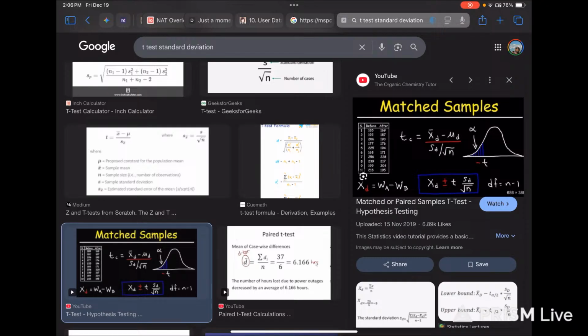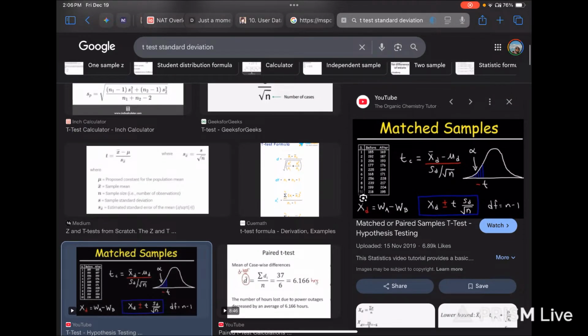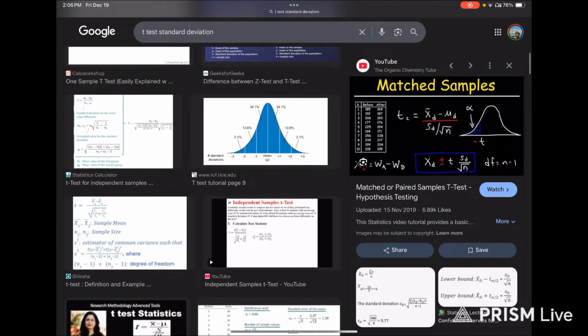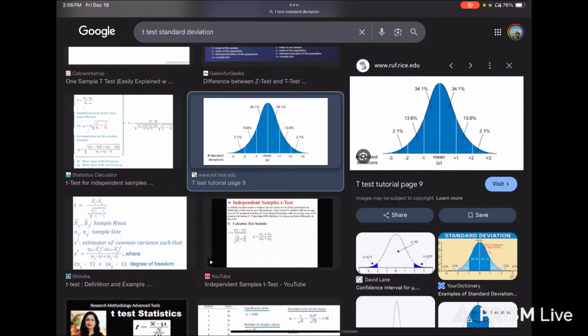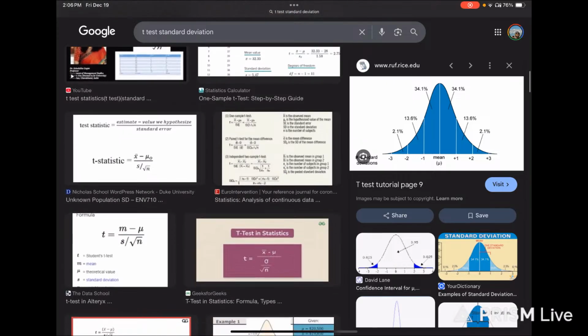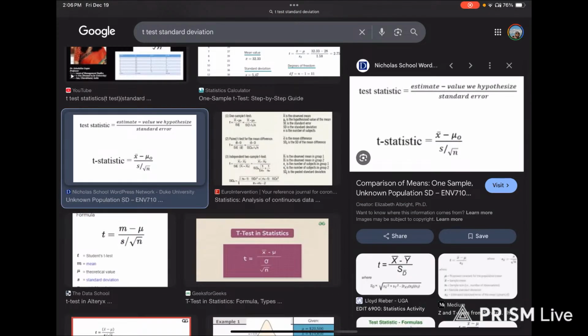If you see a math lecture, you will see these kinds of formulas there, and it basically means you are trying to find the t-test based on the standard deviation. This is the estimated value minus the value we hypothesize, divided by the standard error.